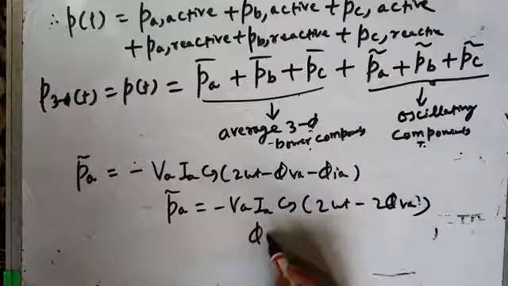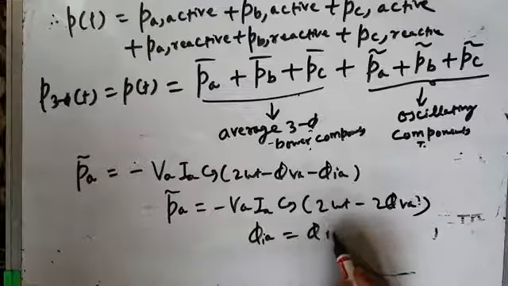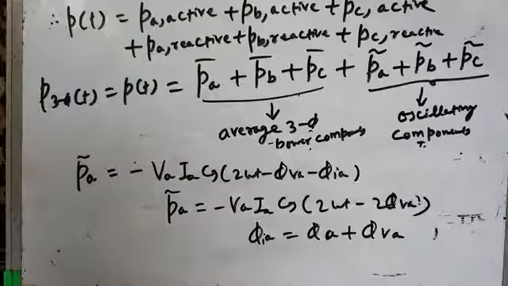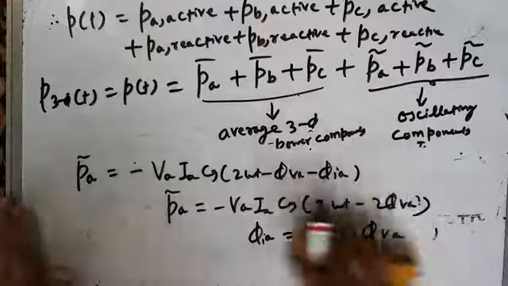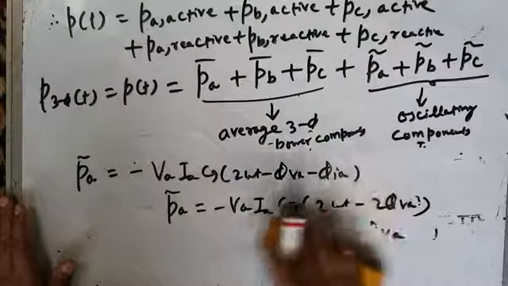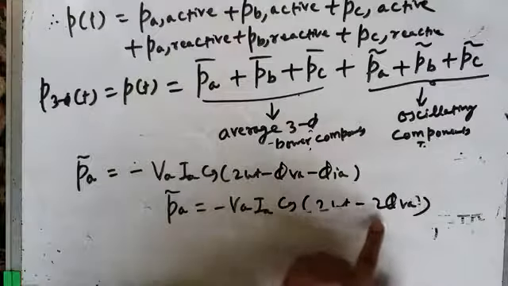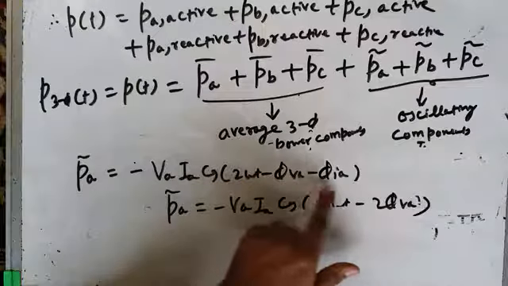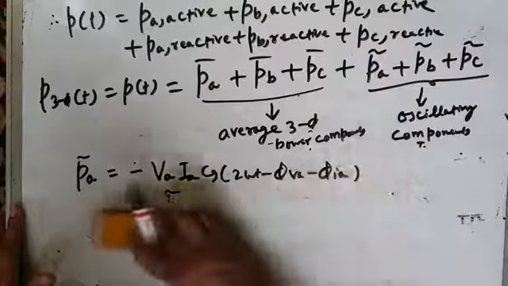We know that phi A is equal to phi VA minus phi IA. From here, if you substitute phi VA, you will get PA equal to minus VAIA cos of 2 omega t minus 2 phi VA minus phi IA. I have already derived it. It's already there. You can check it.